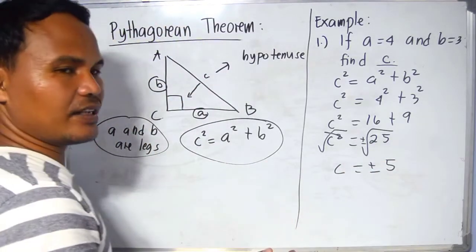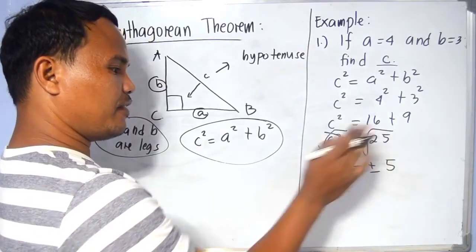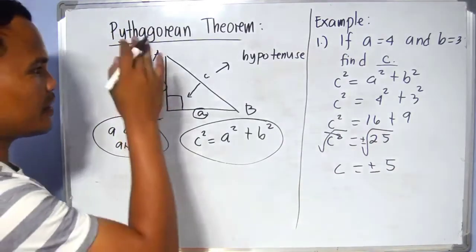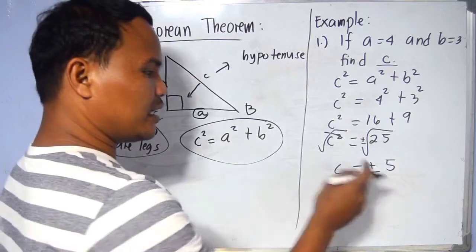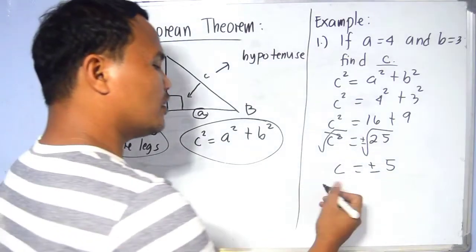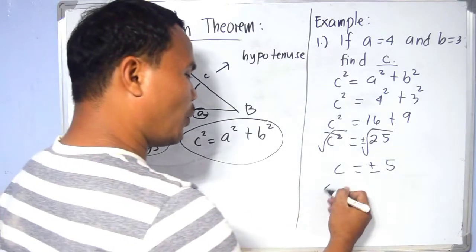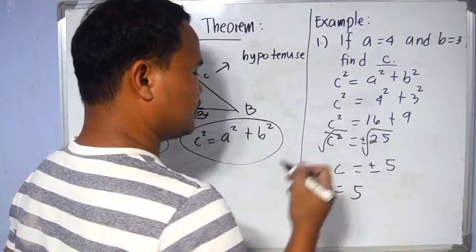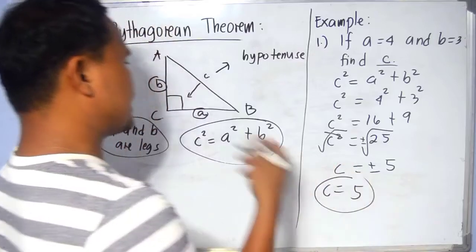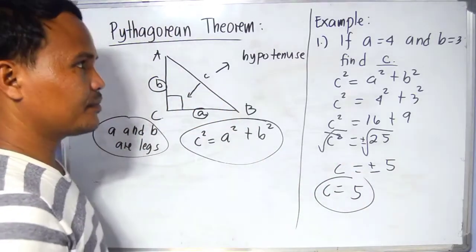So we have two values of c, positive 5 and negative 5. But since we are dealing with measurement, the negative should be disregarded. So our final answer is positive 5. Therefore, c is equal to 5.